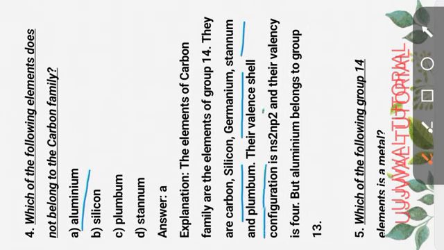Their valence shell configuration is ns2 np2 and their valency is 4. But aluminium belongs to group 13, which has valence shell 3.